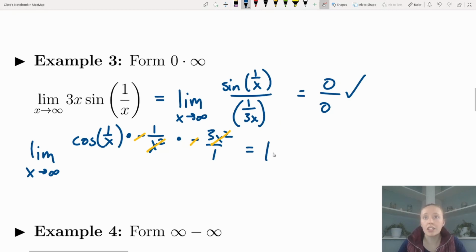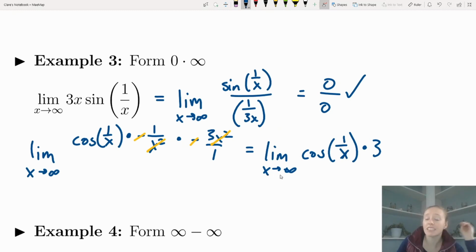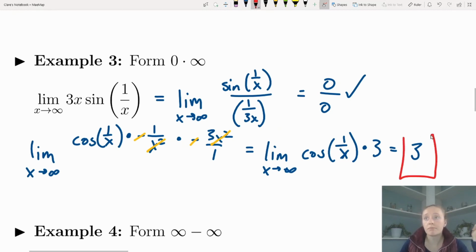So I'll get the limit as x approaches infinity of the cosine of 1 over x times 3, or 3 cosine of 1 over x. As x approaches infinity, 1 over x goes towards 0, and the cosine of 0 is 1. So 1 times 3 is 3. So the limit in example 3 is 3.